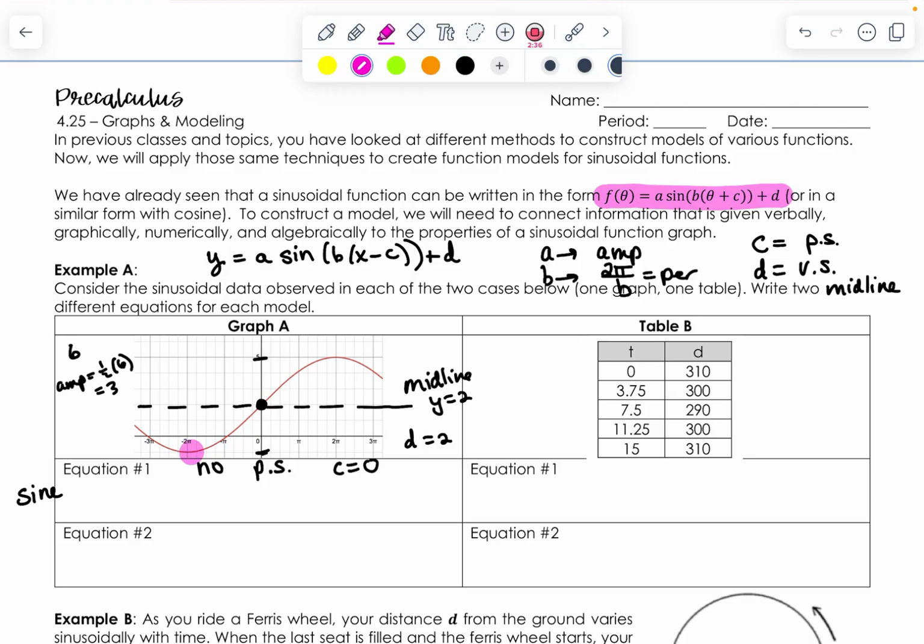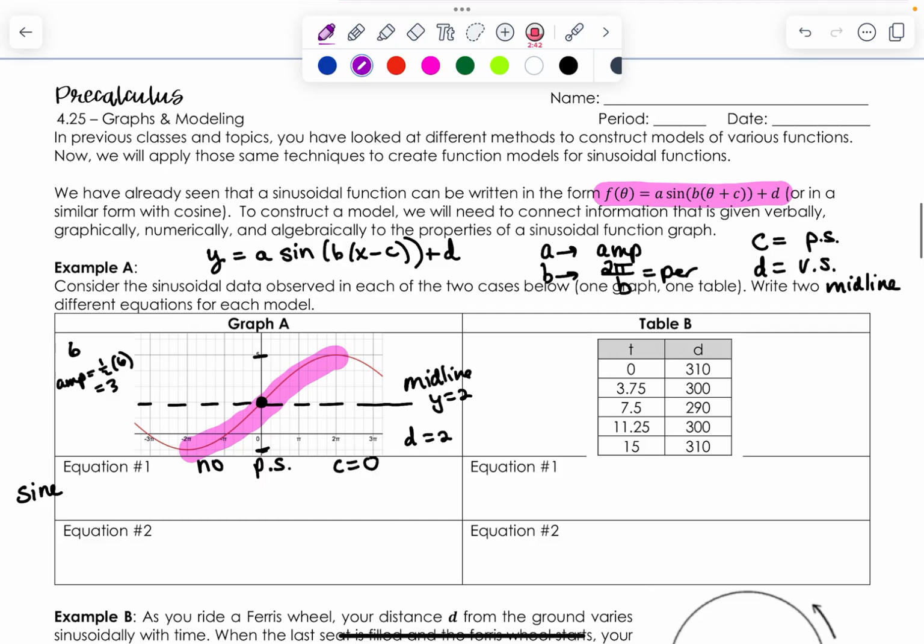So what I want you to notice is if I go from the minimum to the maximum, what is that distance? It's going from -2 pi to 2 pi. So that's 4 pi, and that's half. So the period is 8 pi.